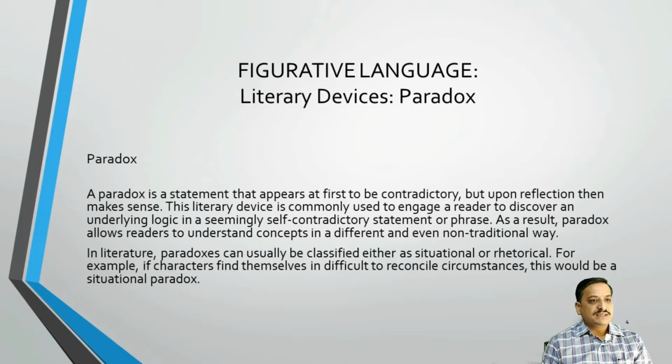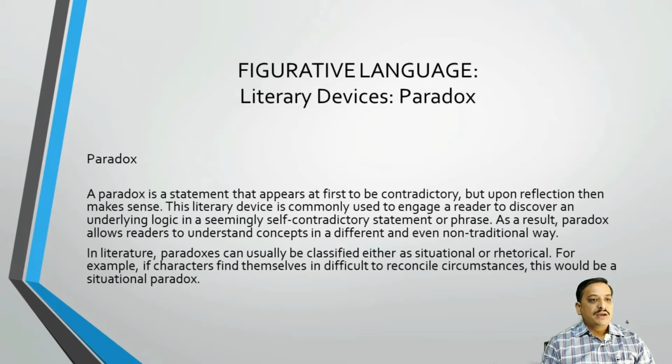A paradox is a statement that appears at first to be contradictory, but upon reflection then makes sense. This literary device is commonly used to engage a reader to discover an underlying logic in a seemingly self-contradictory statement or phrase. As a result, paradox allows the reader to understand concepts in a different and even non-traditional way.